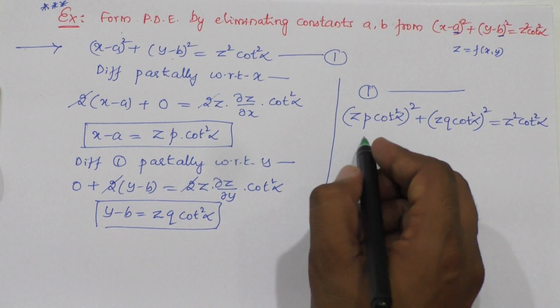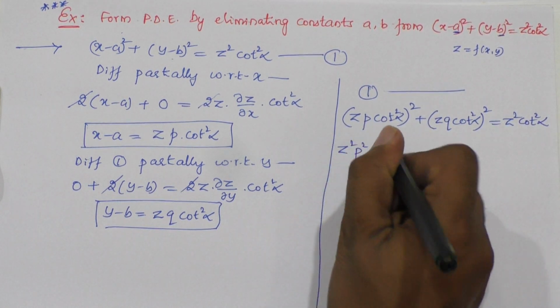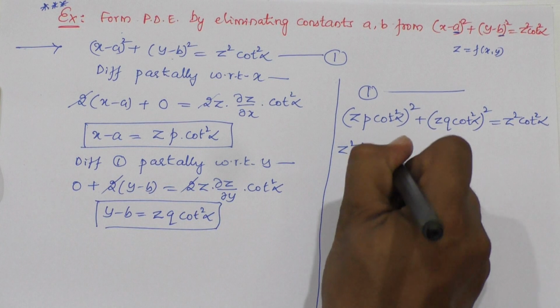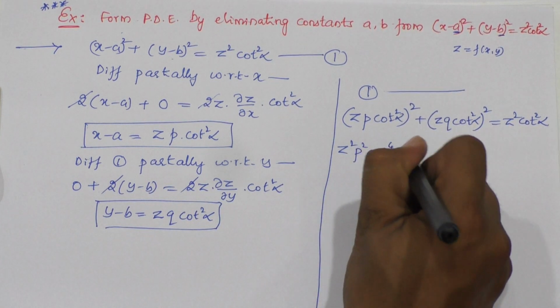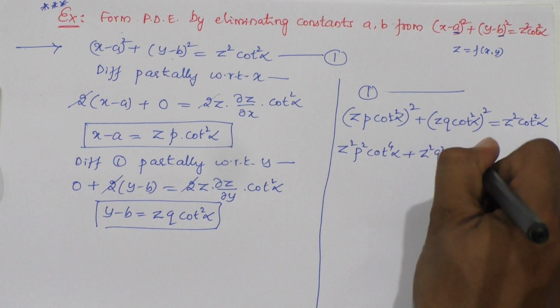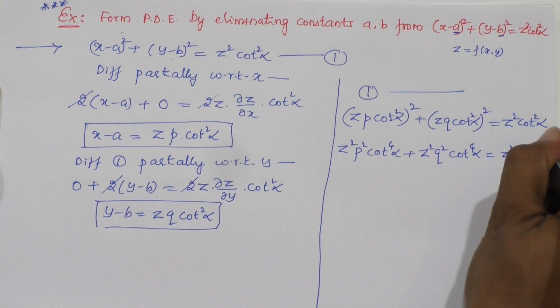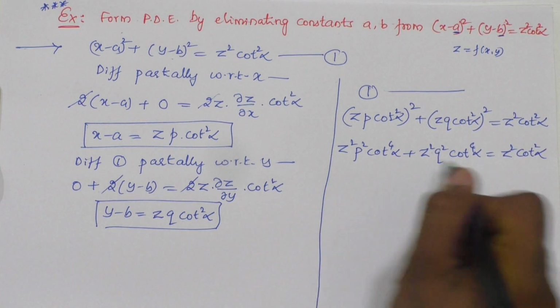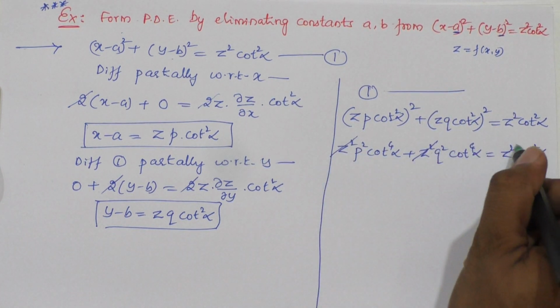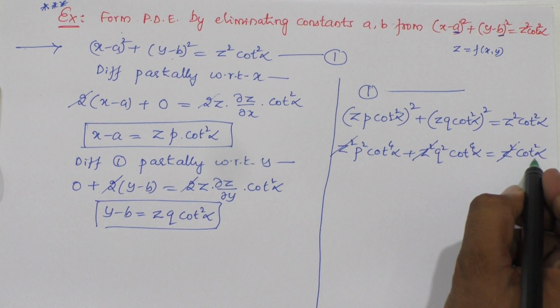Squaring, we get z square p square cot raised to 4 alpha plus z square q square cot raised to 4 alpha equal to z square cot square alpha. Now z square on both sides gets cancelled, and cot raised to 4 on this side, cot raised to 2 on that side.